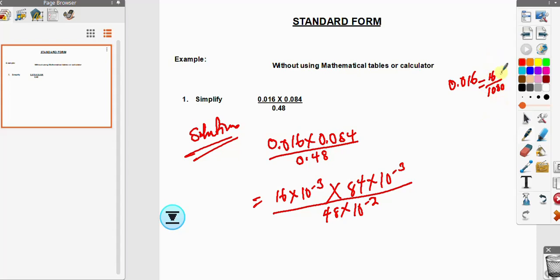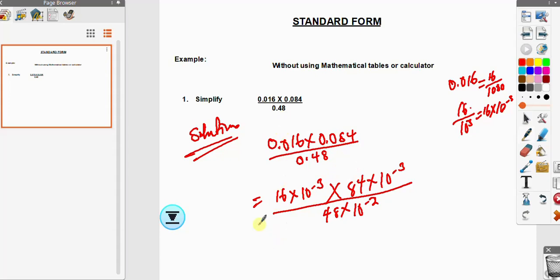When you divide this by 1000, you still have the same thing. Here you can rewrite it as 16 divided by 10 raised to the power 3. And this is equal to 16 times 10 raised to the power minus 3. You bring it up, and it becomes a negative sign. That is how I got this.